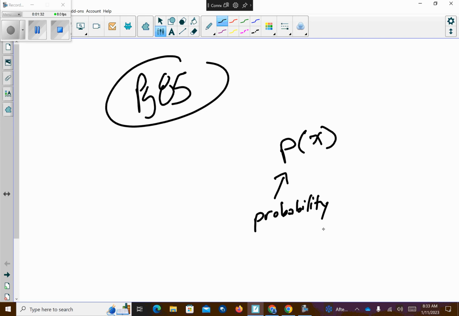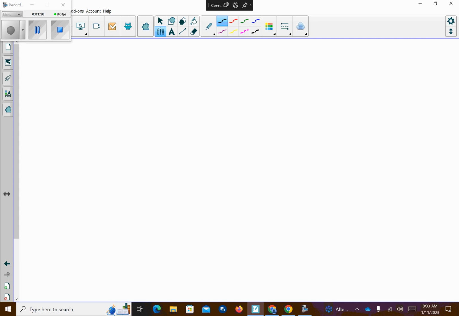So on page 86, they talk about rolling a pair of dice. Now, on your page 86, it shows all the outcomes that could take place with a pair of dice, which is sometimes harder to look at.